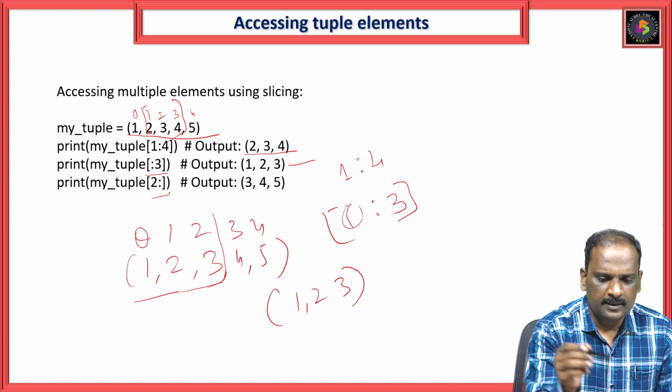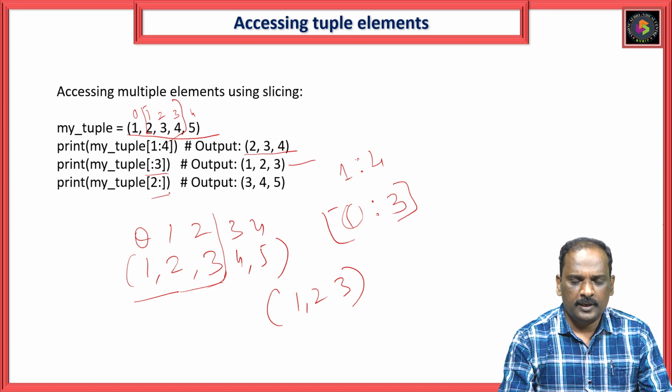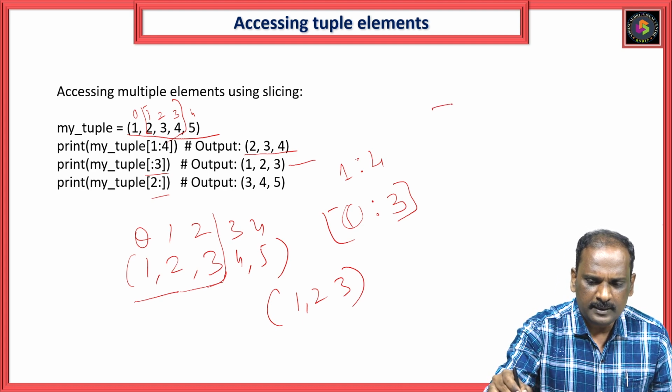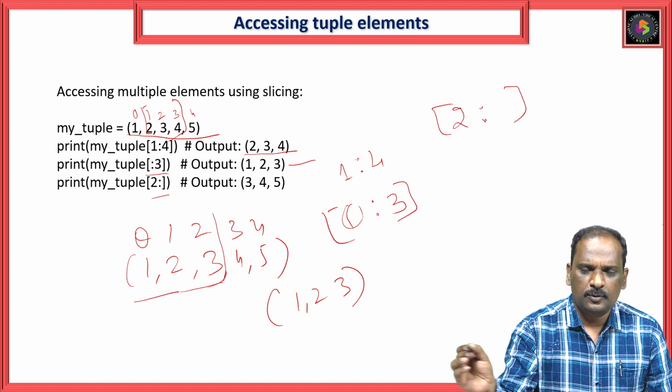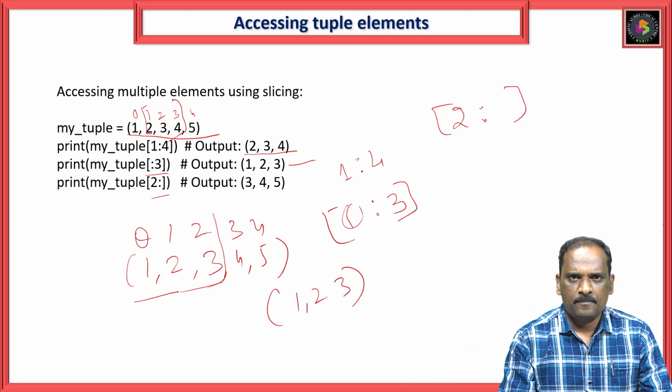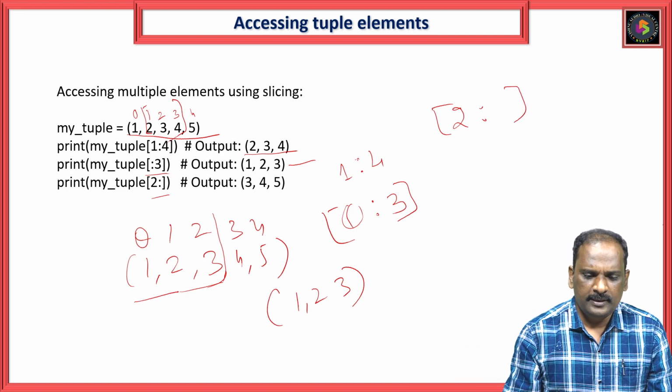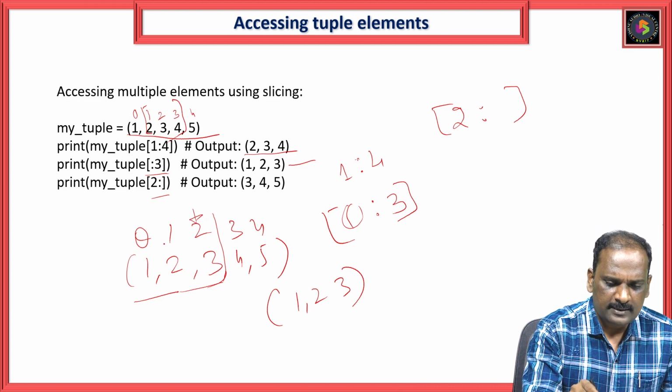The next example, T of 2:. Here we have denoted the starting index. We have not denoted the last index. Then if we do not mention the last index, then it is up to the length of the tuple. So here the tuple starting index is 2.